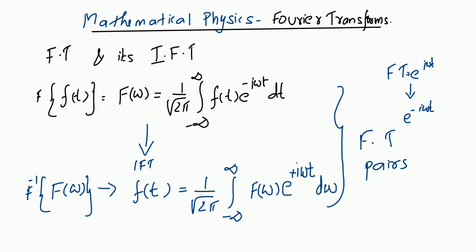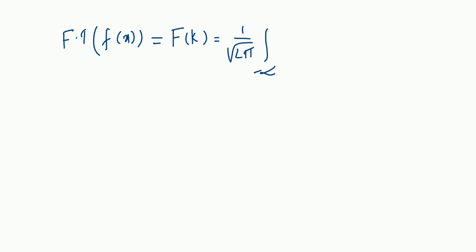And if we have that function in space, and you are taking the Fourier transform of that function in space coordinates f of x, as I already told you, you will get a function in momentum space. This is equal to 1 by root 2 pi integral minus infinity to infinity the function f of x, our original function, multiplied by e raised to minus i kx dx.